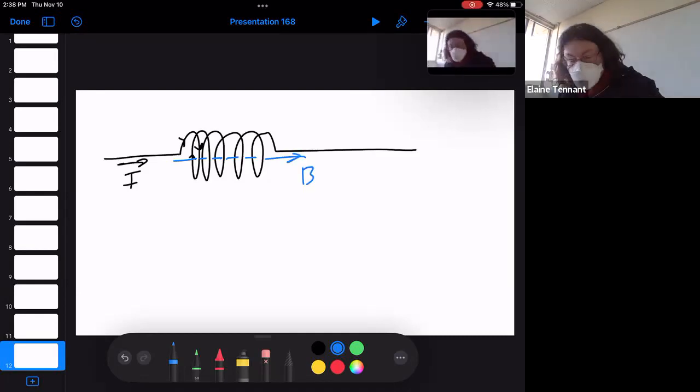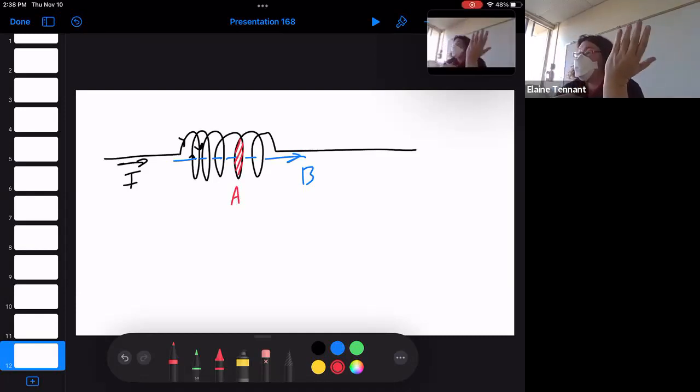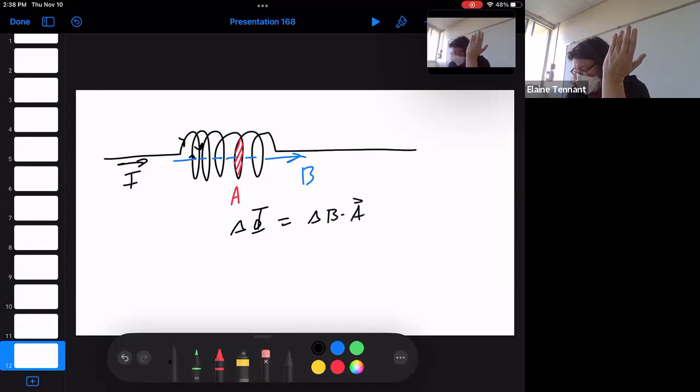But then these loops of wire, all of a sudden they'll say, well, I have some cross-sectional area. I didn't have a magnetic field before. Now all of a sudden I do have a magnetic field. My flux has changed. And so this is going to lead me to make this EMF to try to block that change.